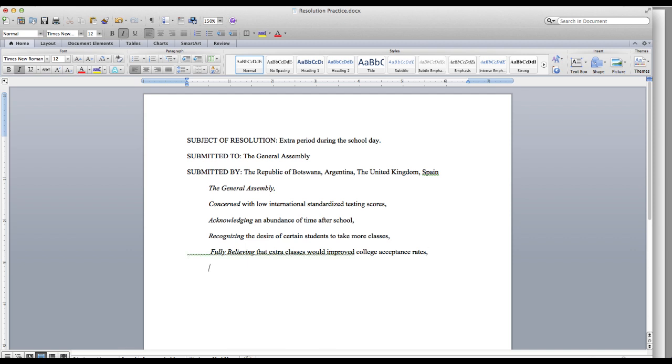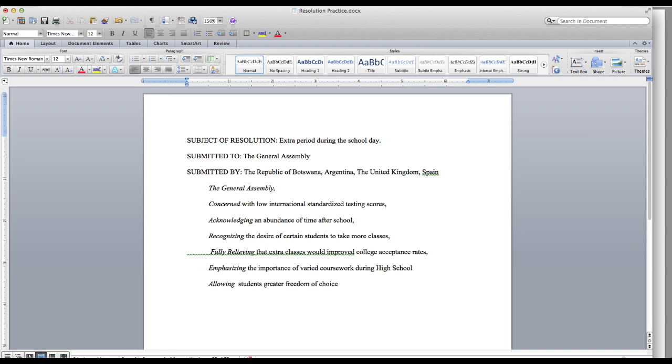Ignore the grammar error. Emphasizing the importance of varied coursework during high school, allowing students greater freedom of choice.